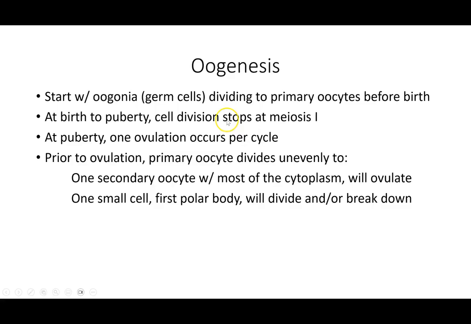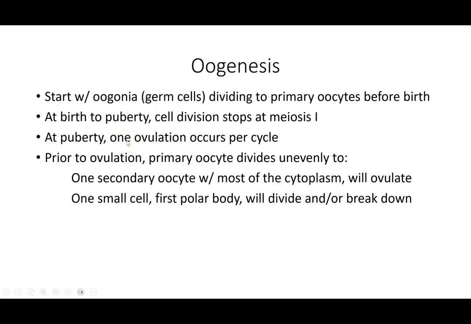So we stop that cell division process after meiosis 1. And then when puberty starts, there's going to be a hormone increase, which will signal this process to continue from that meiosis 1.